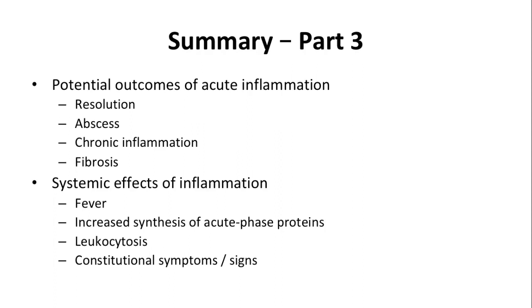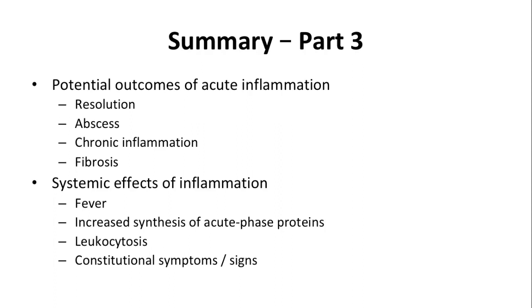So to summarize part 3 of this lecture, we have discussed the potential outcomes of acute inflammation, in which you may get complete resolution of the injury, or it could progress to form a local abscess. It could progress to chronic inflammation, and it could also result in fibrosis.